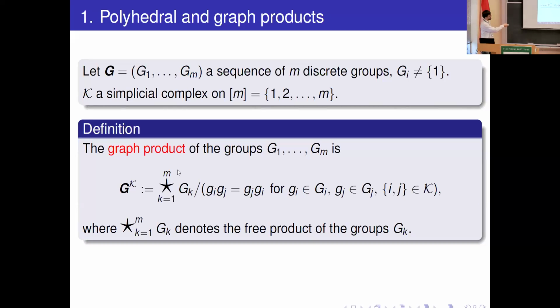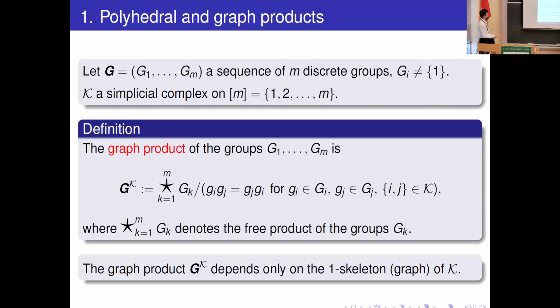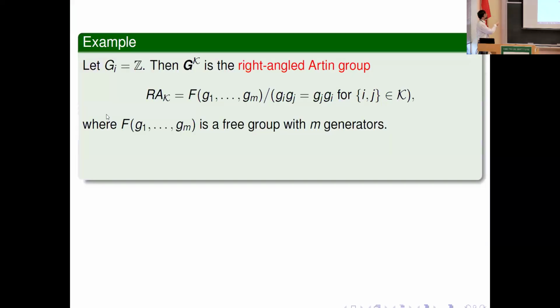And we have the relation g_i g_j equals g_j g_i for edges in the simplicial complex. In fact, the graph product G_K depends only on the one-skeleton of K. Let all G_i equal the integer numbers. Then G_K is the right-angled Artin group, where F is a free group with m generators.